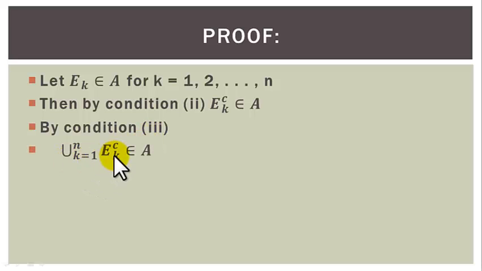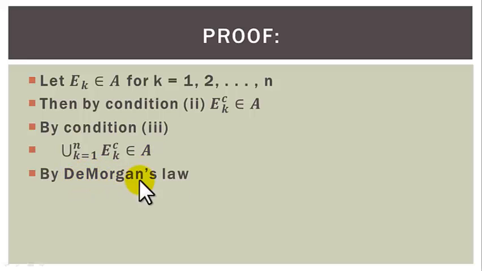the union of Ek complement as k goes from 1 to n is an element of A. We recall that if E1 and E2 are elements of A, then the union is also an element of A. And here, since Ek complement is an element of A, then the union of Ek complement as k goes from 1 to n will also be an element of A. That's by condition 3.